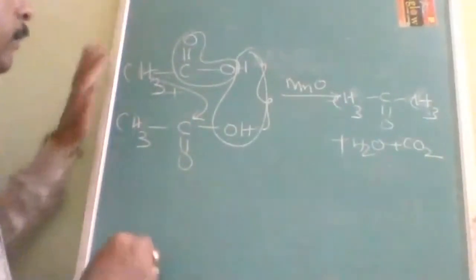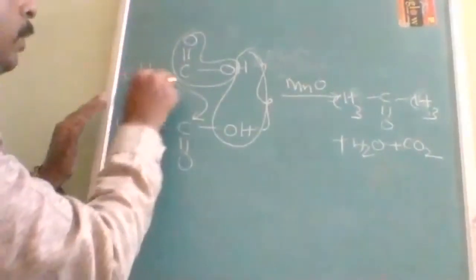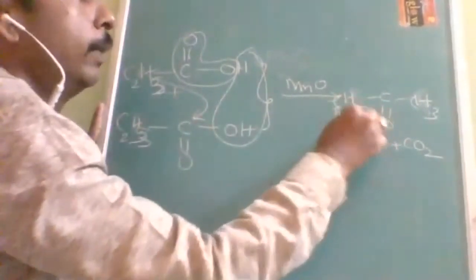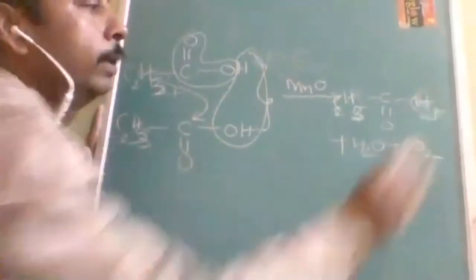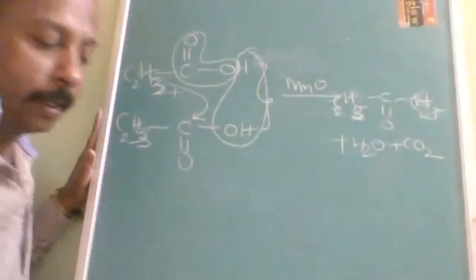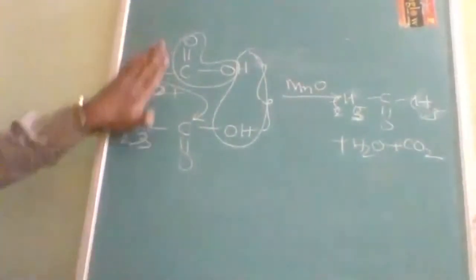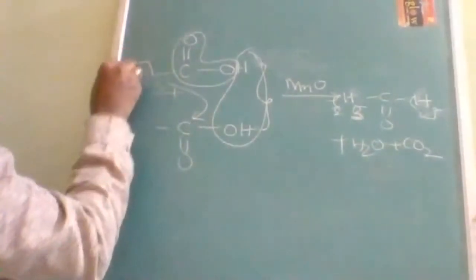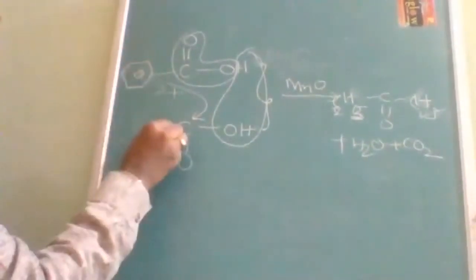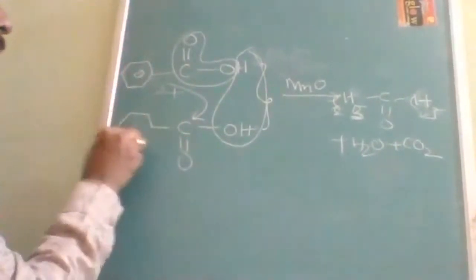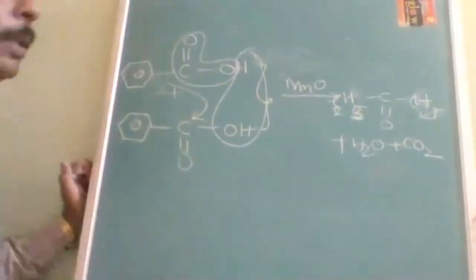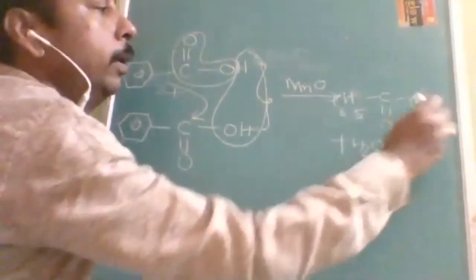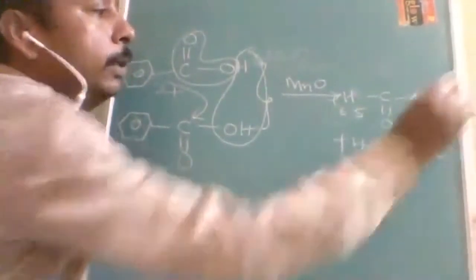If I use C2H5, C2H5, likewise you can keep on changing. You can write it as a benzene ring also. To make you afraid, the question may have a benzene ring. This is called benzoic acid. If I use benzoic acid, it is going to be C6H5, C6H5.